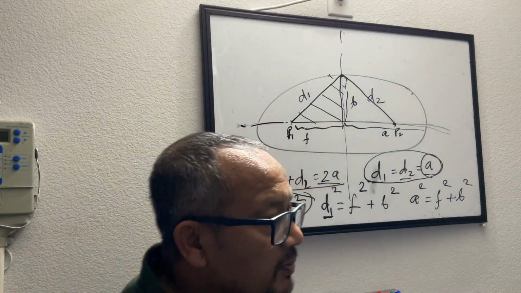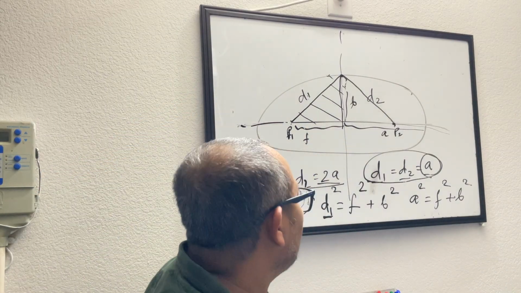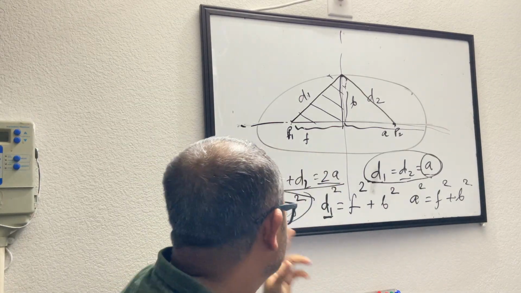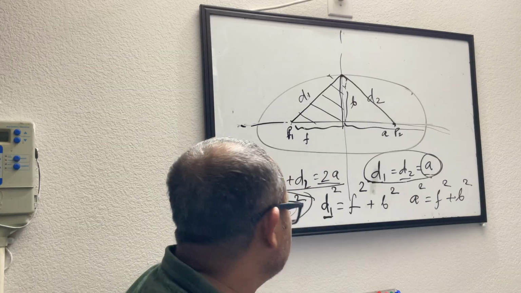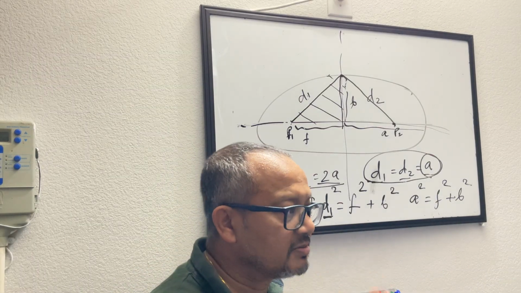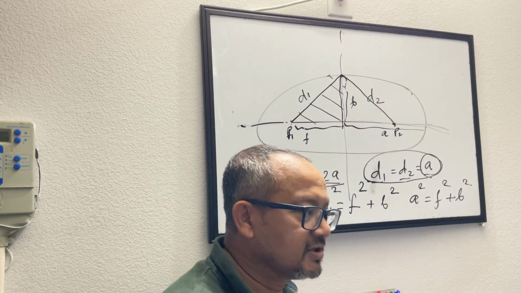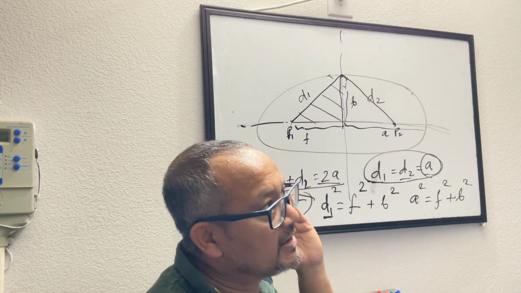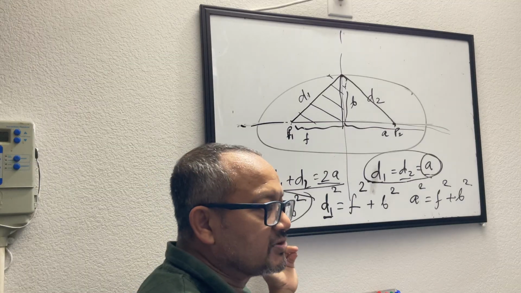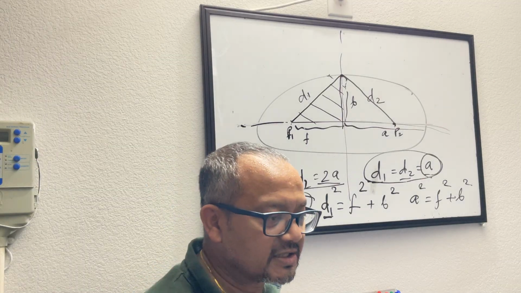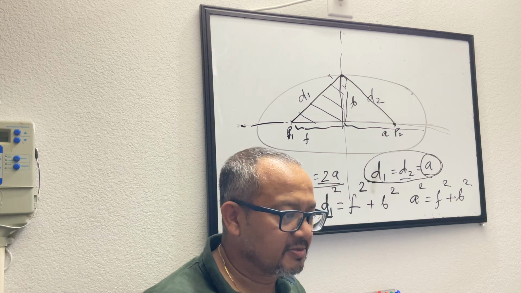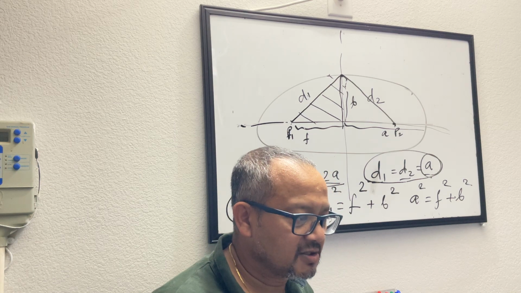So the focal length of an ellipse, the square of the focal length is equal to the square of the minor radius minus the square of the major. Sorry, it's reverse. The square of the focal length is equal to the square of the major radius minus the square of the minor radius. Is that clear to everybody, including me?